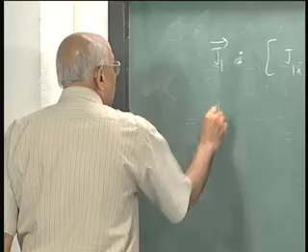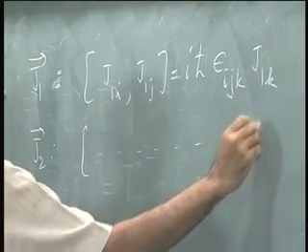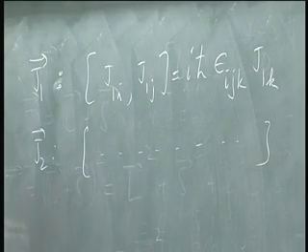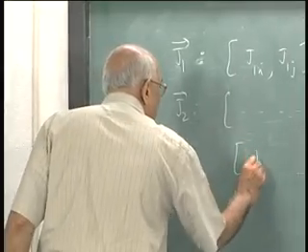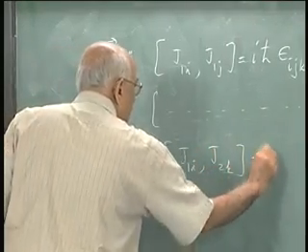I have another angular momentum J2, and that satisfies exactly the same sort of relations with 2 replacing 1, and these are independent of each other. So I further have [J1i, J2k] equal to 0.